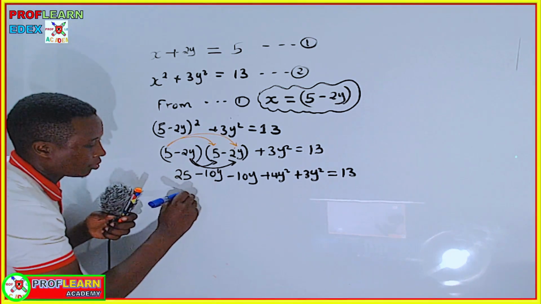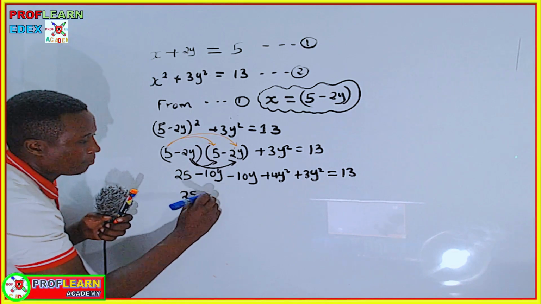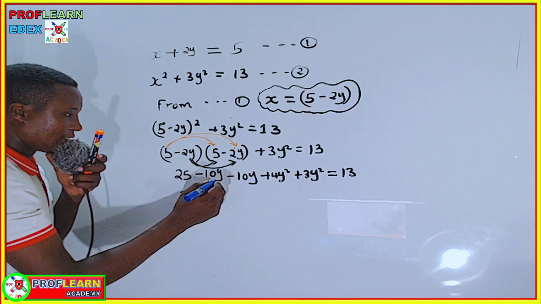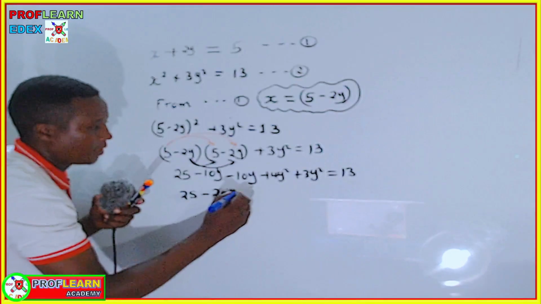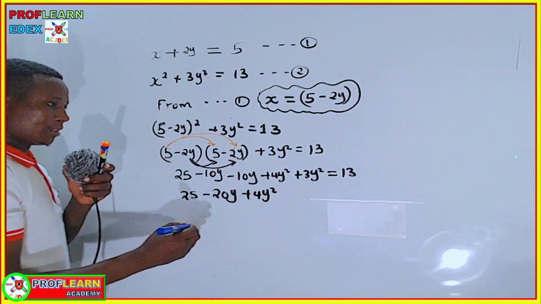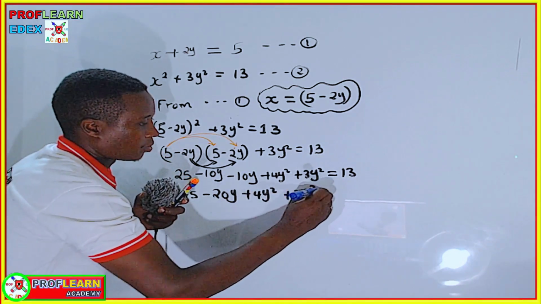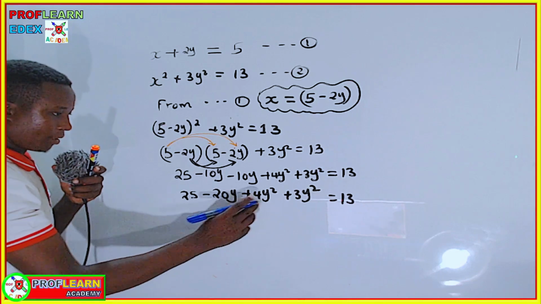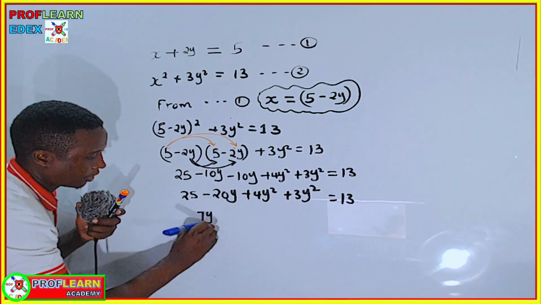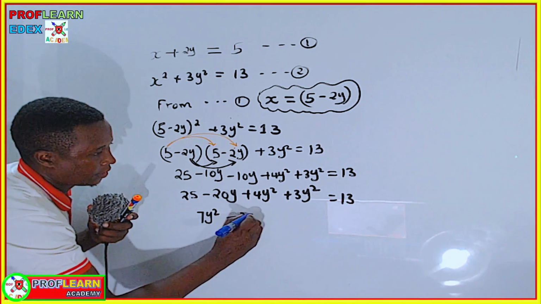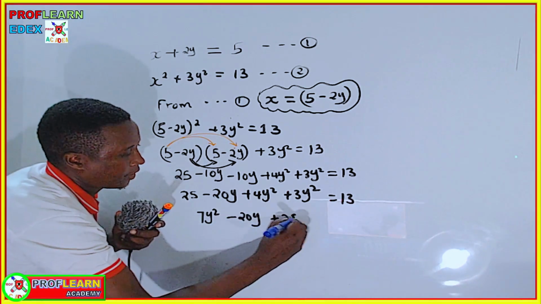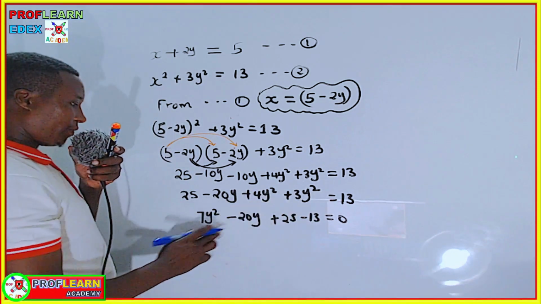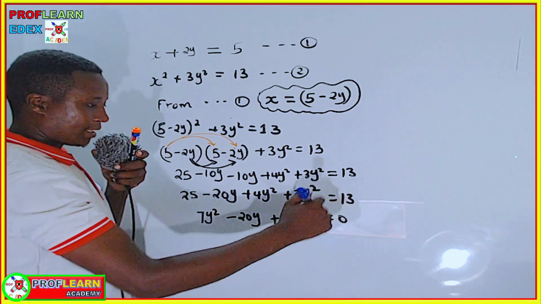Adding negative 10y and negative 10y gives negative 20y, and 4y squared plus 3y squared gives 7y squared, equals 13. So we get 7y squared minus 20y plus 25 minus 13 equals 0. I've added the y squared terms, giving 7, and taken 13 to this side.